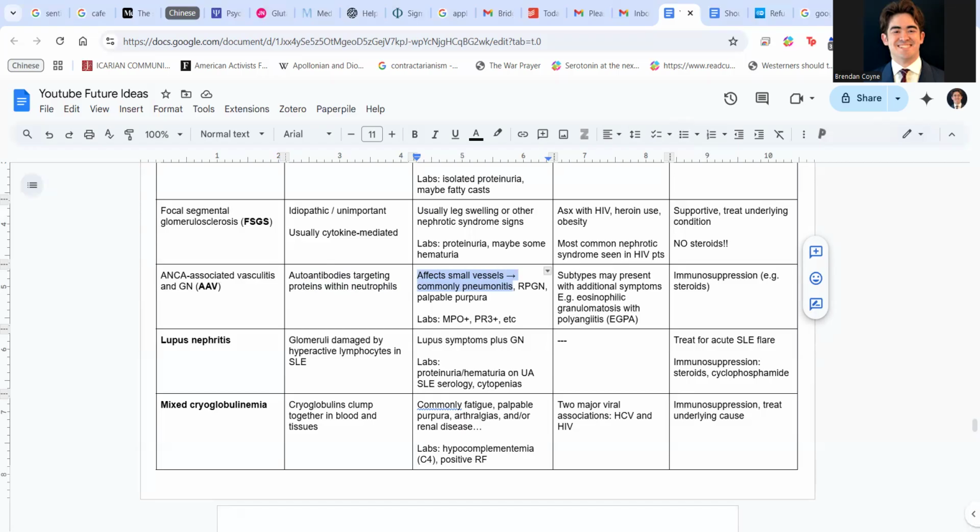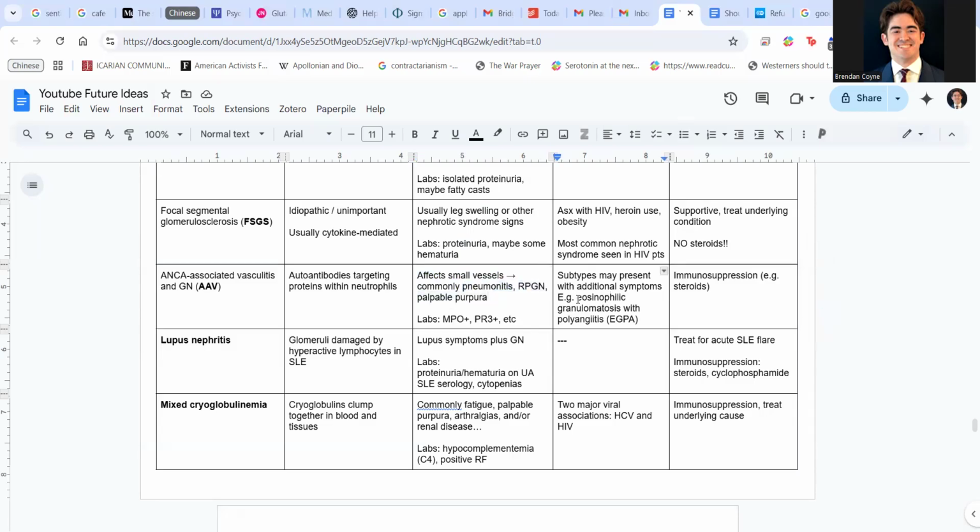And if they give you labs, they might tell you that MPO or PR3 serology are positive, and these are just antibodies against specific neutrophil proteins. So some associations and fun facts. Keep in mind there are several subtypes of AAV, and those subtypes might present with additional symptoms in addition to these classic symptoms.